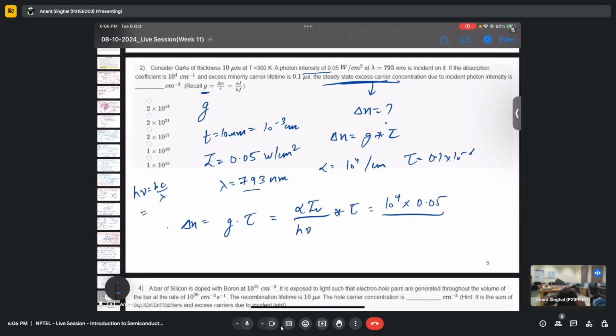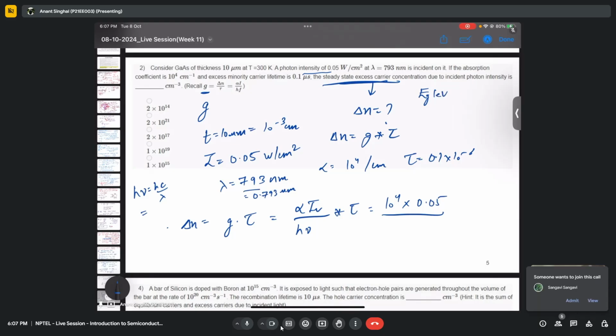This is in nanometers, this is 0.793 micrometer.